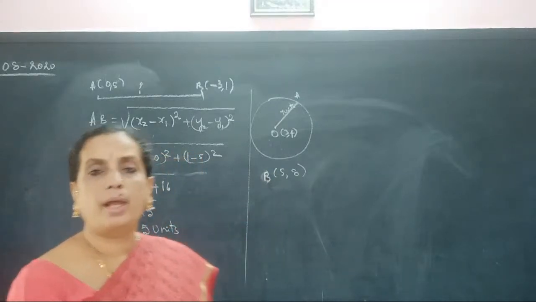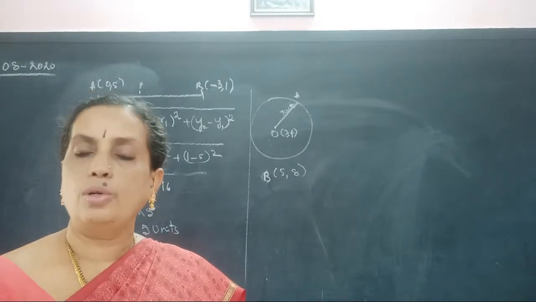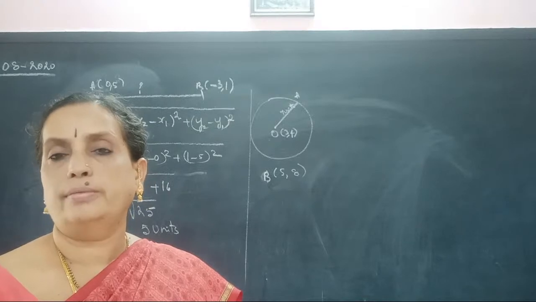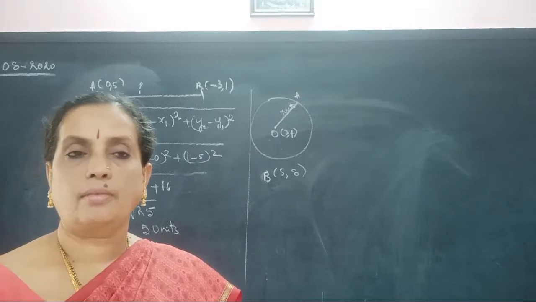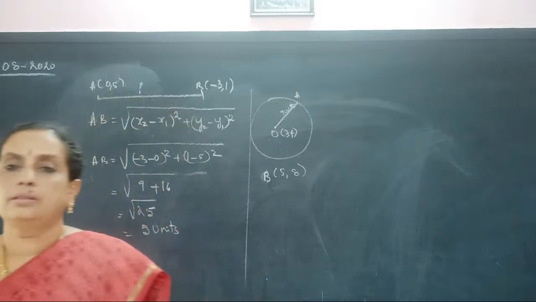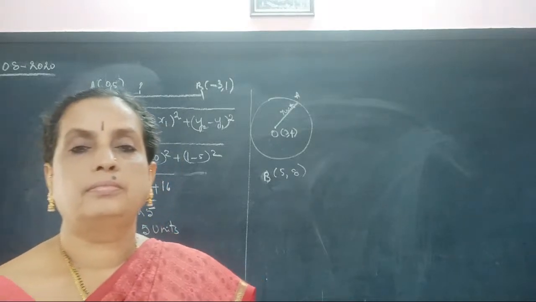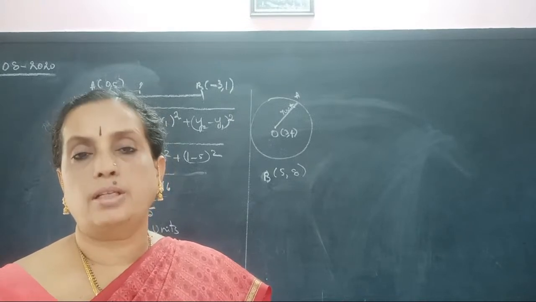How will you determine whether the point is inside the circle, outside the circle or on the circle? What's your answer?